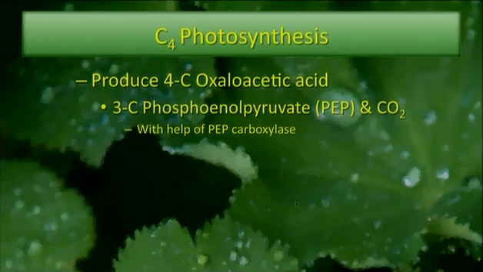It means that carbon dioxide is the substrate for this particular enzyme, carbon dioxide only. So the carbon dioxide is transported to the bundle sheath cells where the carbon dioxide enters a normal Calvin cycle, like in the C3 plants.